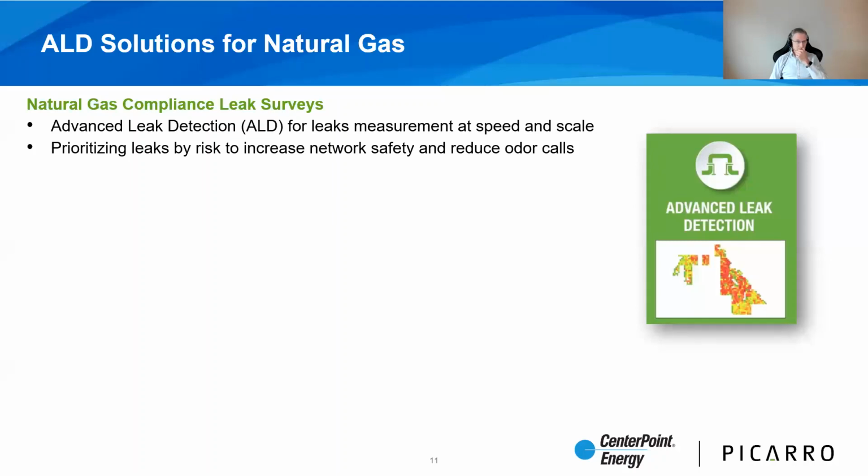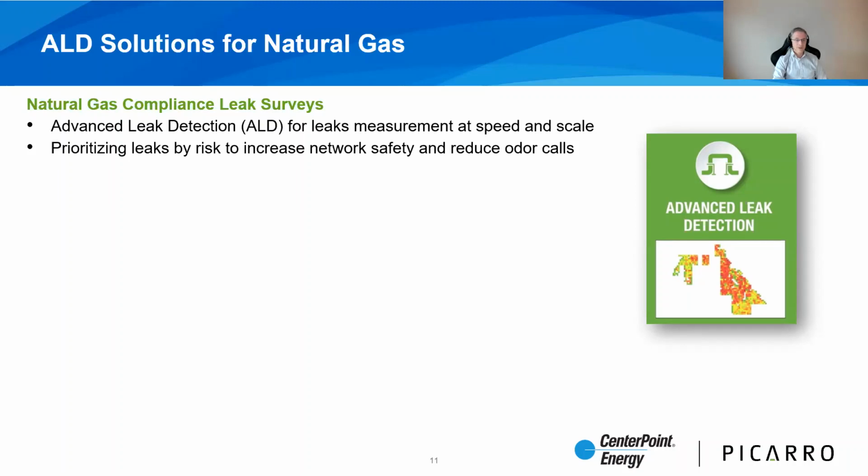So the ability to predict the risk will enable an operator to start working on the backlog in a sequential way, starting with the leaks that have the potential to be high grades. So this helps increase network safety and reduce odor calls by finding problematic leaks before the public can find them.